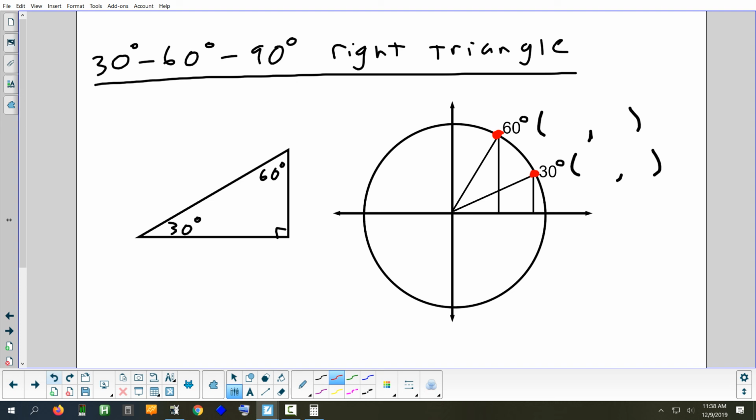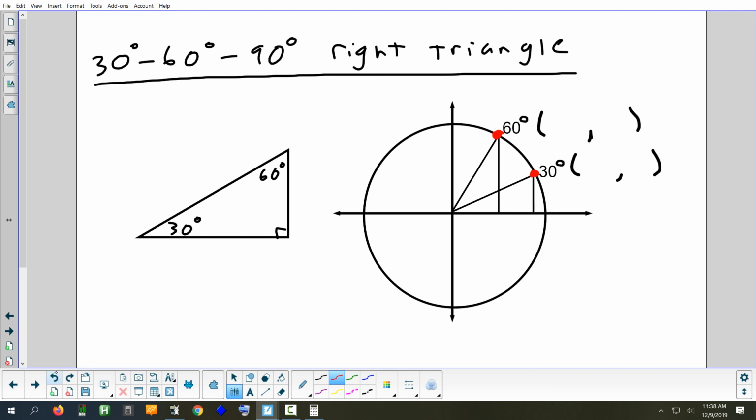But if you knew this value, I'll just put a check mark, and this value, and you knew this value and this value, what's going to happen to the check mark and question mark in the 30 when we rewrite it as the 60? Yeah? They're just going to switch places. That's all that's going to happen.